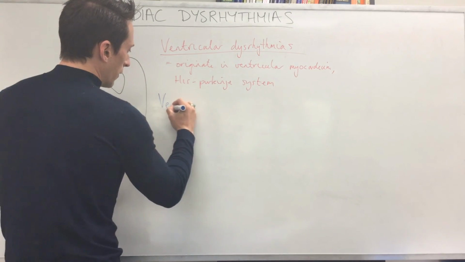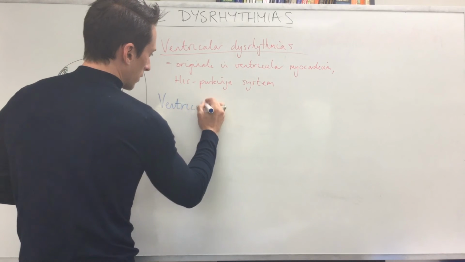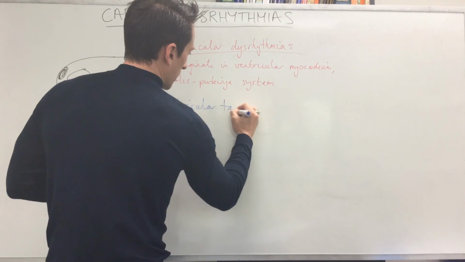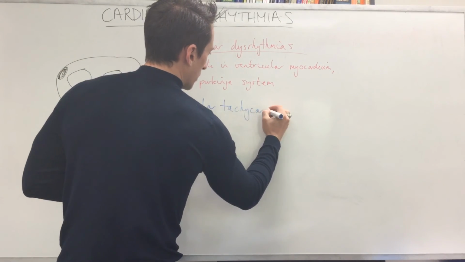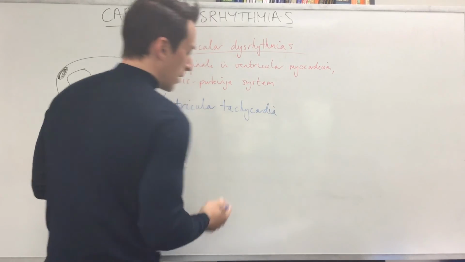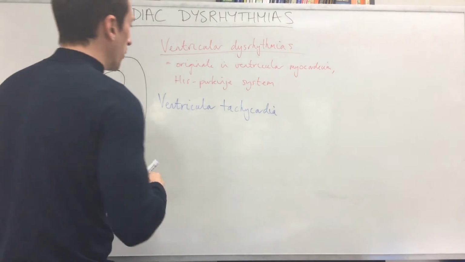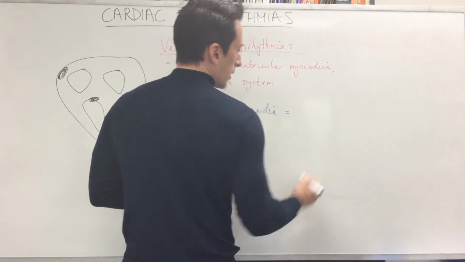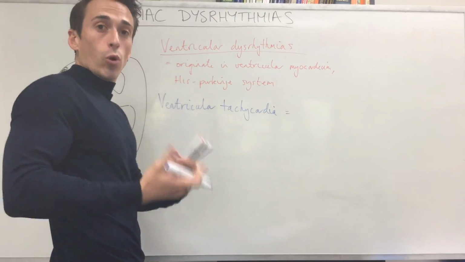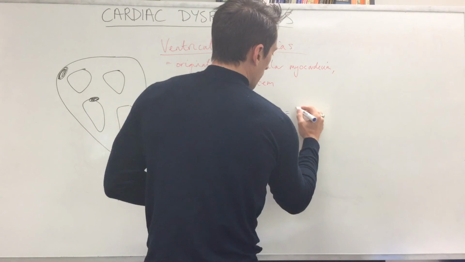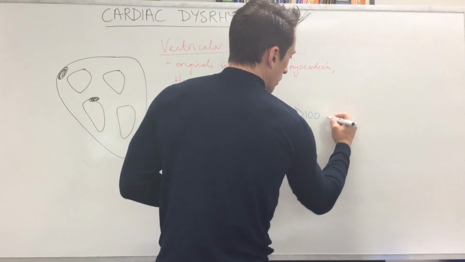You have ventricular tachycardia. And what ventricular tachycardia is, again, it's a heart rate or ventricular contraction that's happening greater than 100 times per minute.